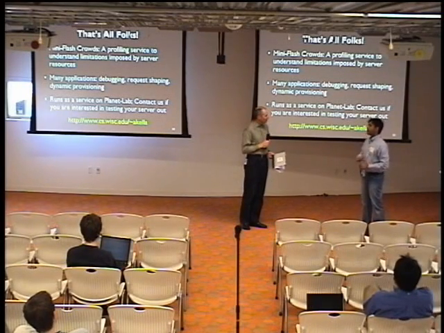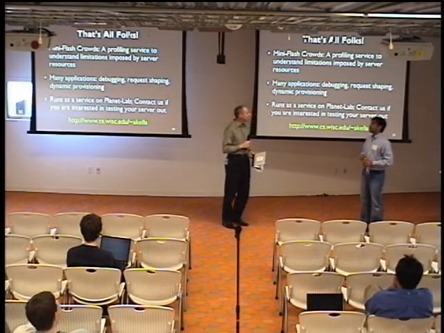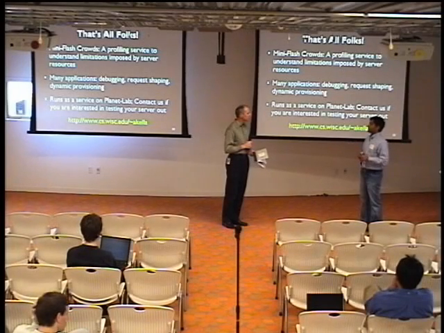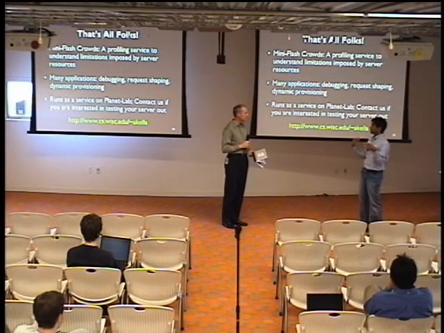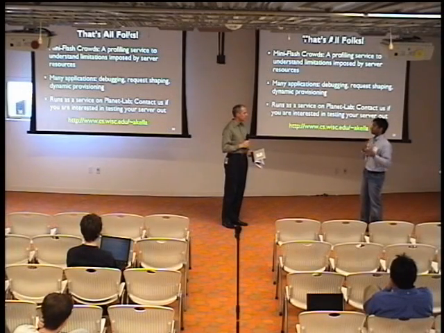Yeah. So we don't know what the pre-existing load is. Ideally, what we should have done is to test a target server at different times of the day and get the best of the results, because that reflects the least loaded time of the server.